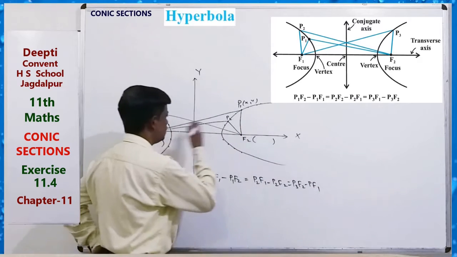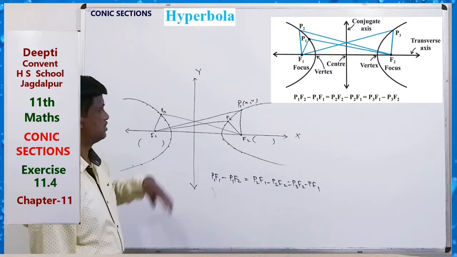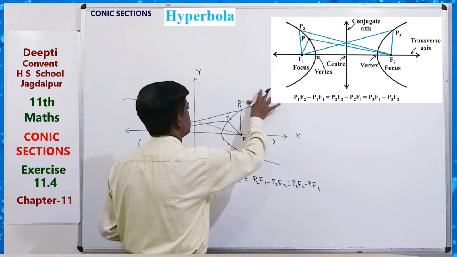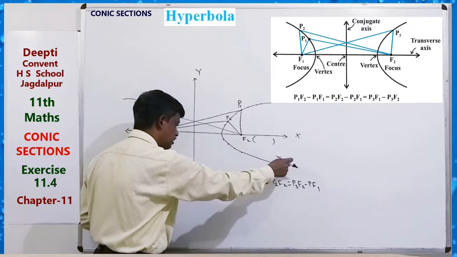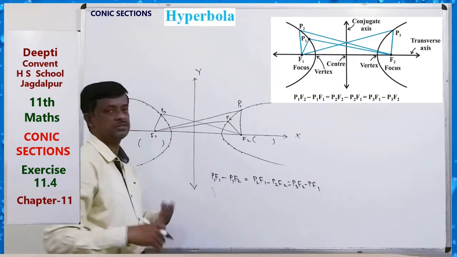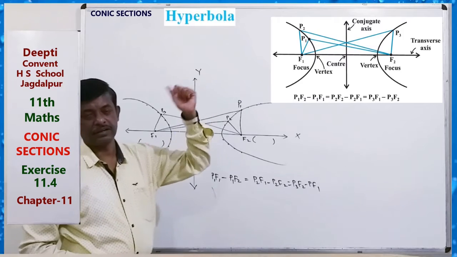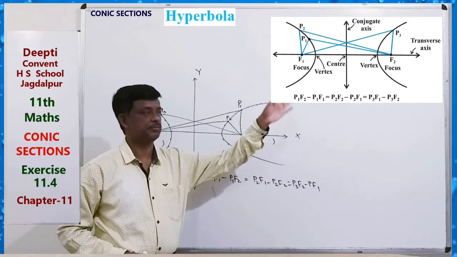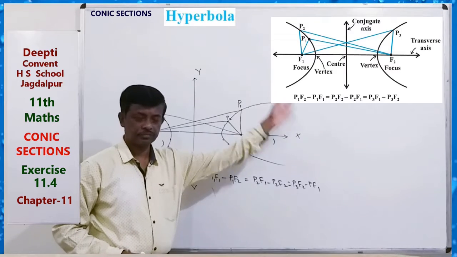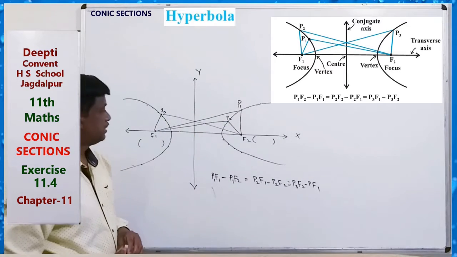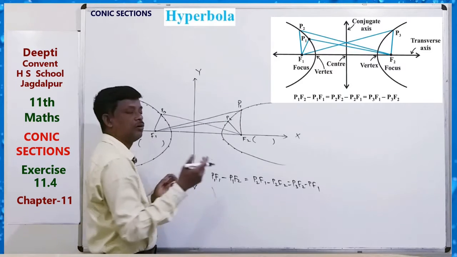The difference of these distances for all the points remains the same. So this type of points are known as hyperbola, by intersection of a plane with a conic section.